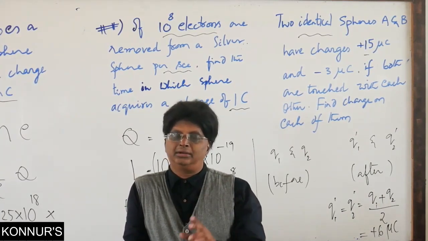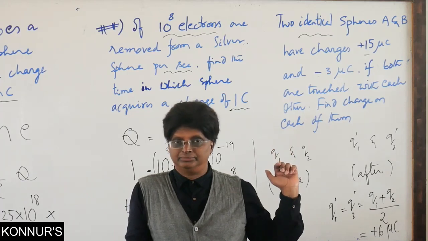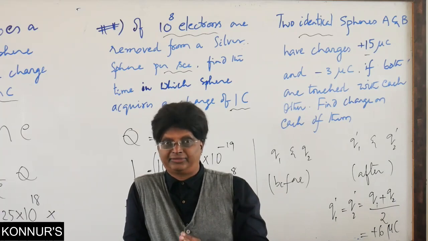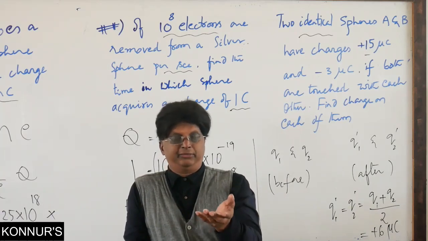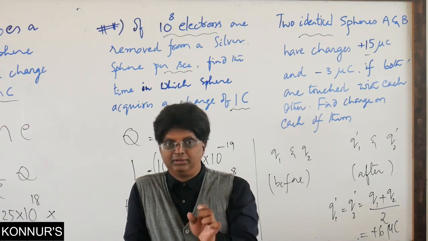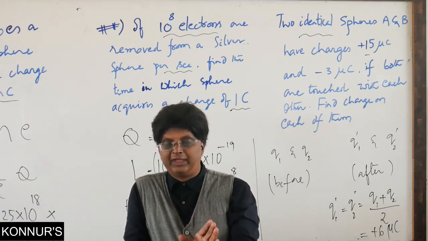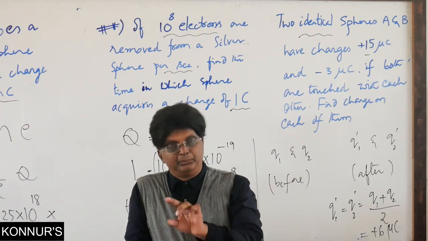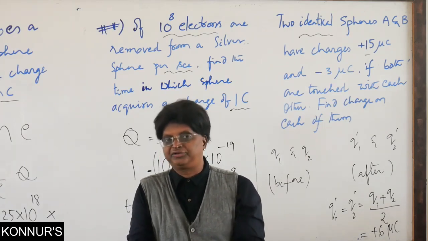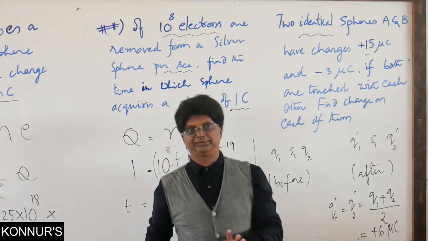Again, a reminder: it is happening when the conductors are of identical size. Even in the case of different sizes, after touching they will always have like charges. Before touching it can be either like or unlike, but after touching it is always like charges.